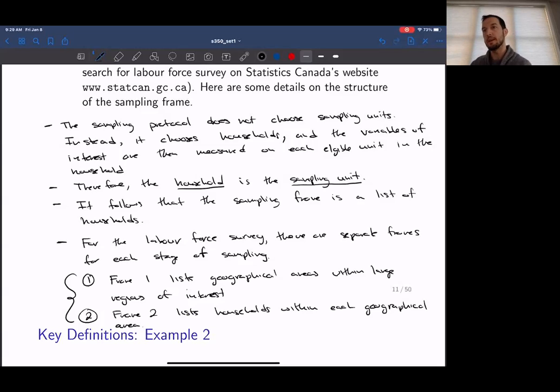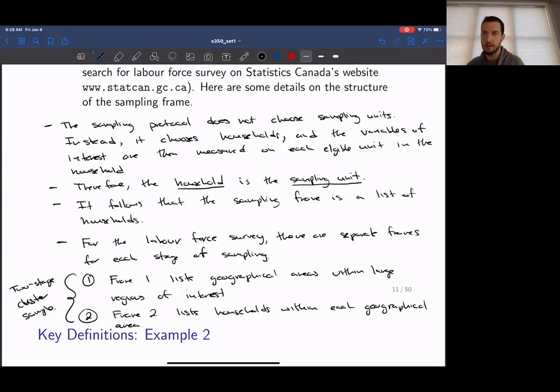So you have a 2-stage protocol where you select geographical area, and then you select household from the area. And this would be something like a 2-stage cluster sample, which is a technique that we're going to talk about later in the course. But effectively this is kind of like a 2-stage simple random sampling protocol where you have changing sampling units at each of the different stages.